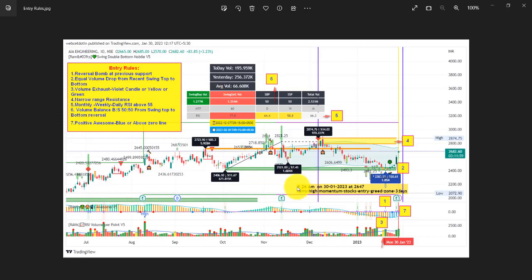See, rule one is whether we see the reversal bomb at the previous support level, like this one. This is the reversal bomb. Next, the most important rule is equal volume dropped, or equal volume transacted, from the recent swing top to the recent swing bottom.